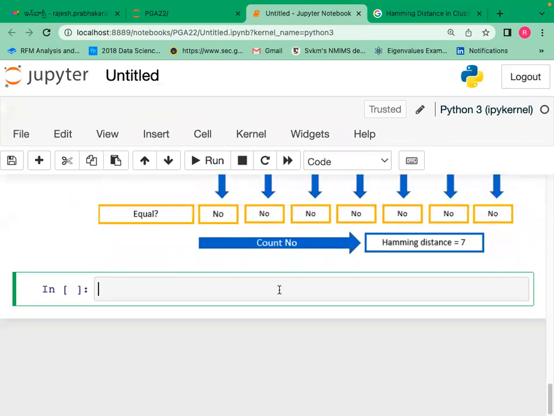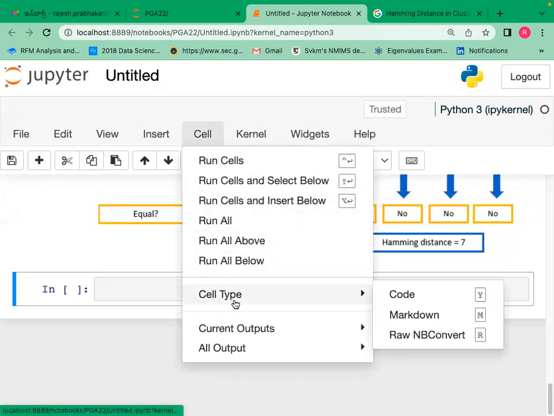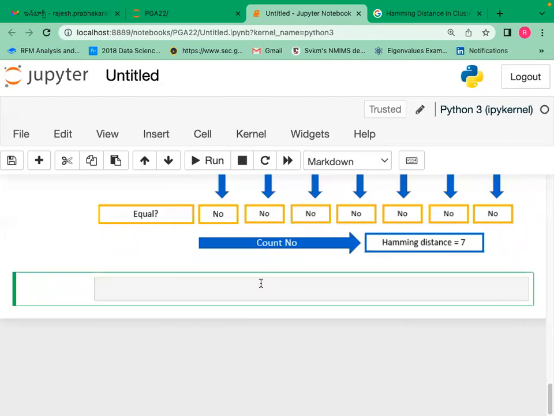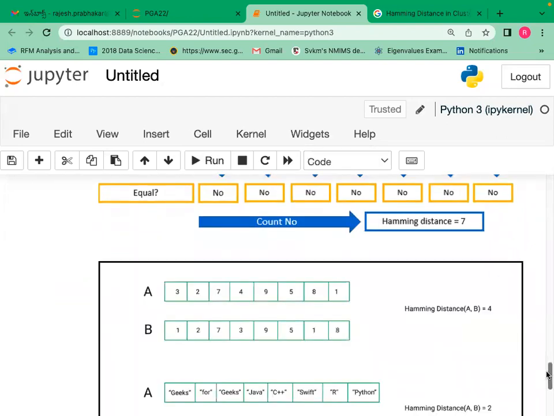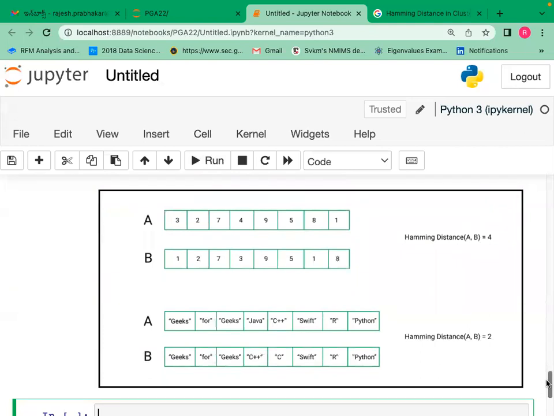This is another example of Hamming distance with words. You can look at it. Hamming distance using words. Look at the bottom one, that is the second one.